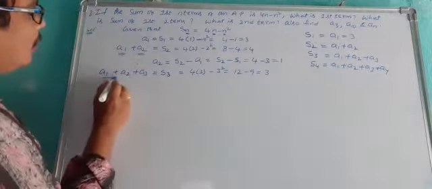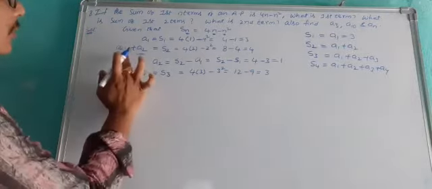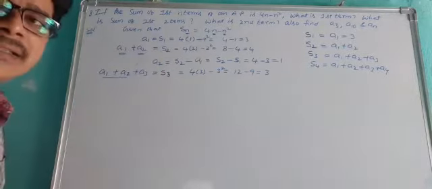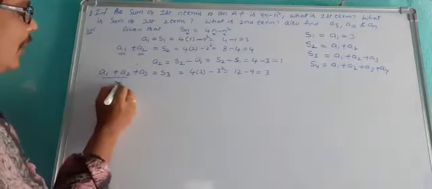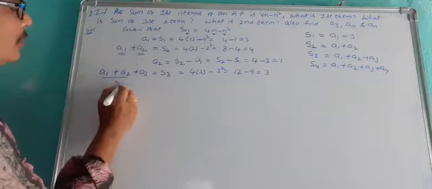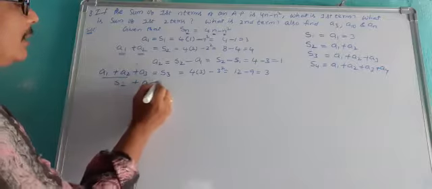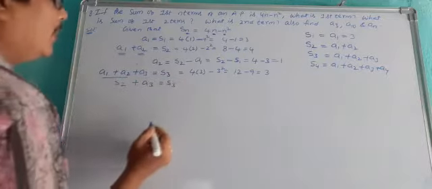Already you know A1 plus A2 equals S2. So A1 plus A2 plus A3 equals S3.